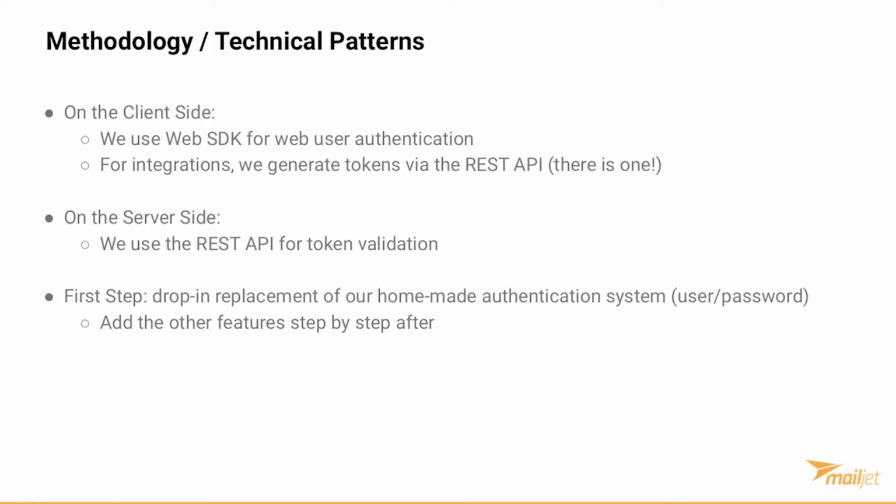And we use the REST API. You will see in the documentation, it talks a lot about the SDKs, but not a lot about the REST API. So there is a REST API. The features are complete, so you can use it, and that's what we chose to do. On the server side, for token validation, we use the REST API also.